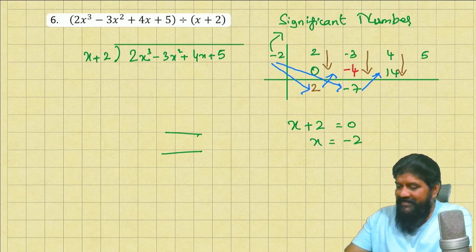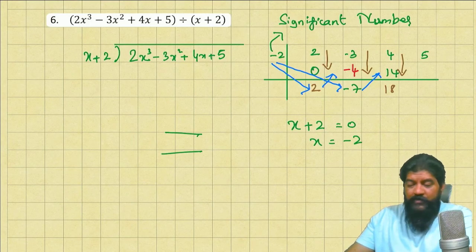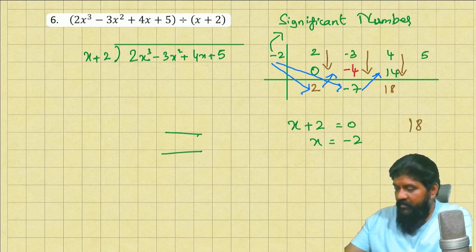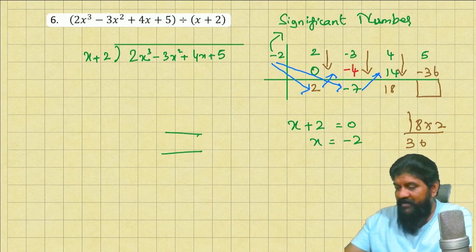Once you add that, you're going to end up with 18. Now, you're going to be multiplying. 18 into minus 2 is going to be how much? Minus 36. When I add them up, I'll have a minus 31.